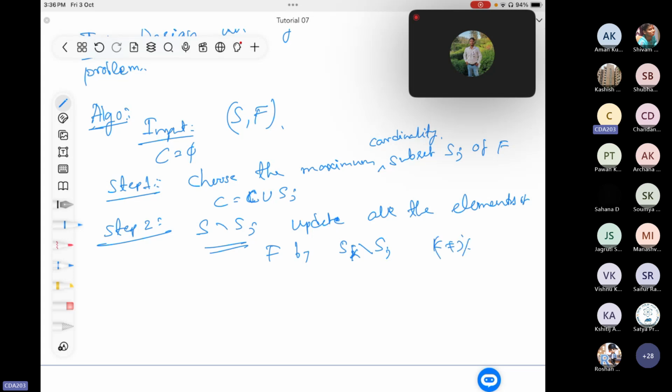For the remaining elements of F, we do this operation. So that means now we are looking at a sub problem, and then again we solve this sub problem. Again we repeat steps 1 and 2 till S is empty. So you keep on doing these steps.